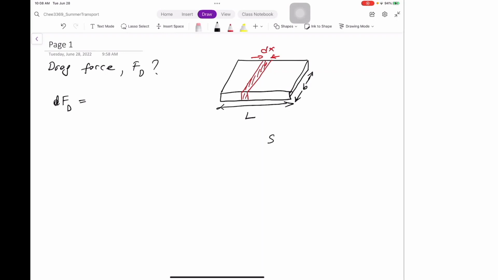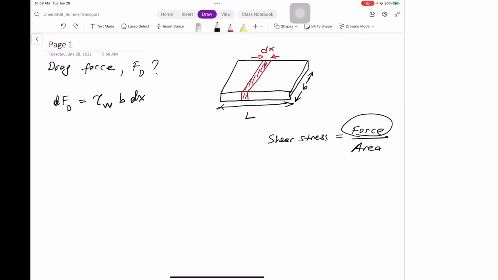So you know that the shear stress is equal to force divided by area, right? Area acting on it. So the force is basically the shear stress times area. So you get tau wall, the shear stress at the wall, times the area, which is basically B times dx. Because this much is B, this much is dx, and this area is B times dx. Right? You're doing nothing fancy. You're just calculating the infinitesimal area there.